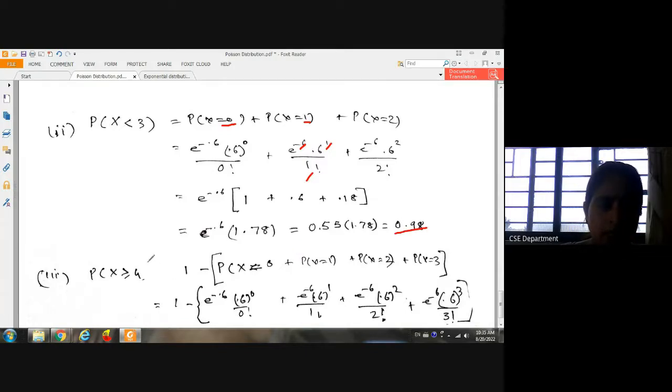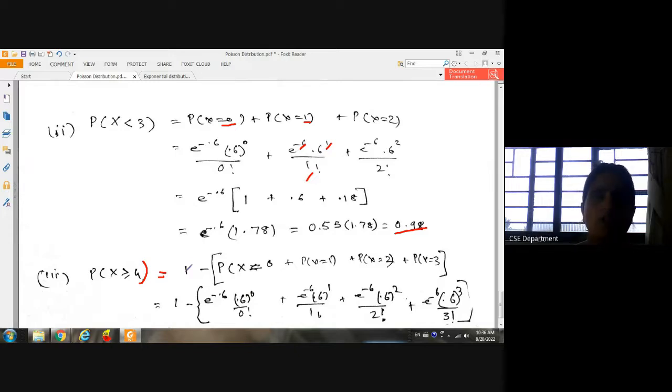Now, the next question is P(X greater than or equal to 4). Means what? X can take values 4, 5, 6, 7, 8, 9, 10. So what values can X not take? 0, 1, 2, 3. The sum of all the probabilities is 1.